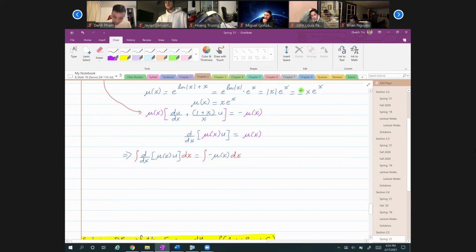On the left-hand side, you cancel out the integral and the derivative, so you have mu of x times u, and mu of x is x e to the x times u. And on the right-hand side, you have the integral of negative x e to the x. I'm going to take the negative sign out.